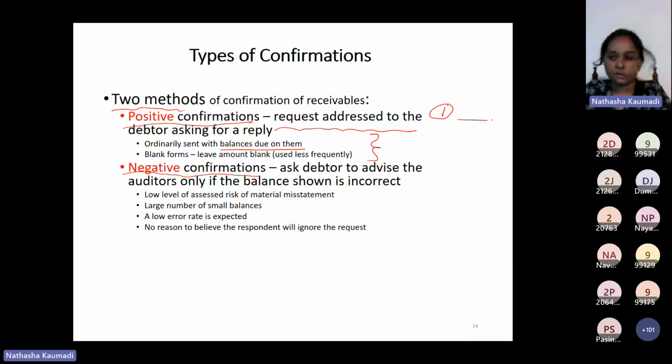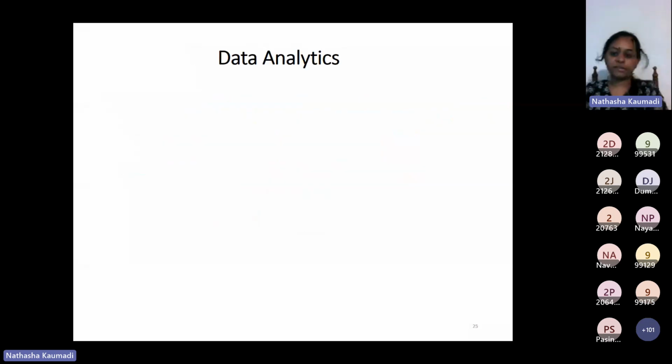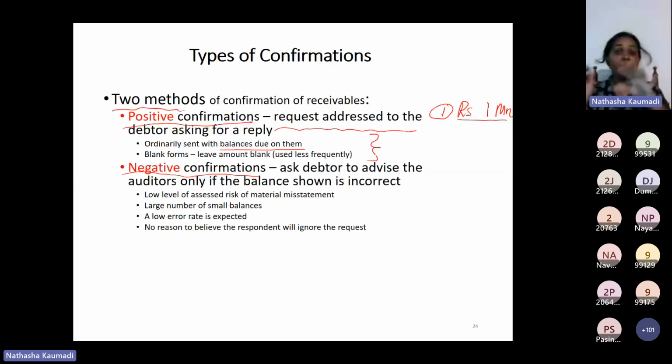Now, it comes to rupees 1 million. In the confirmation request, you are mentioning the value to be confirmed and asking the debtor to confirm the balances. Okay, this is the amount you owe to this company. Please confirm this using a reply. Please send us a reply confirming the balance. You have mentioned the balance.